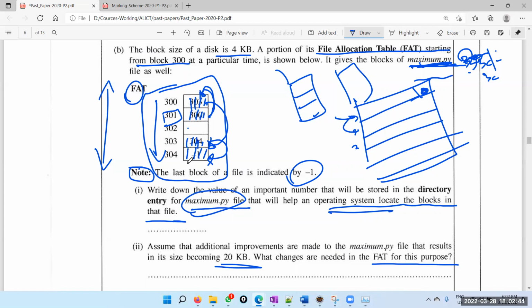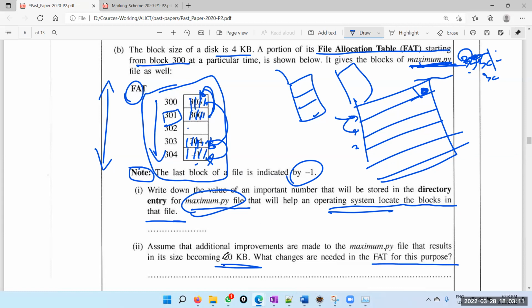So maybe earlier it is 4 4 4, maximum 4 here, that is 16, maximum 16 kilobyte. It can be less than 16 kilobyte, but definitely more than 12 kilobytes, because it has pointed to this one, and this one says no, you don't have to go anywhere. So that means 4 4 4 and something less than 4, maximum 4. That means maximum 16 kilobyte.